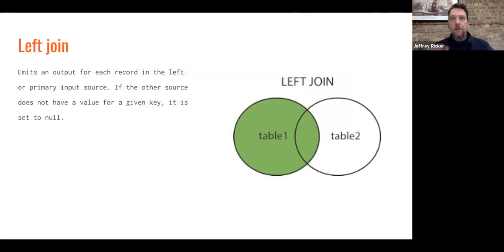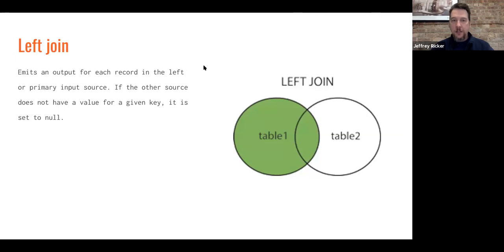The second one we deal with is a left join. And that's going to be slightly different. So for the left join, for one stream, your primary stream, you're going to emit an event for every event on the primary stream, whether there's a join or not.